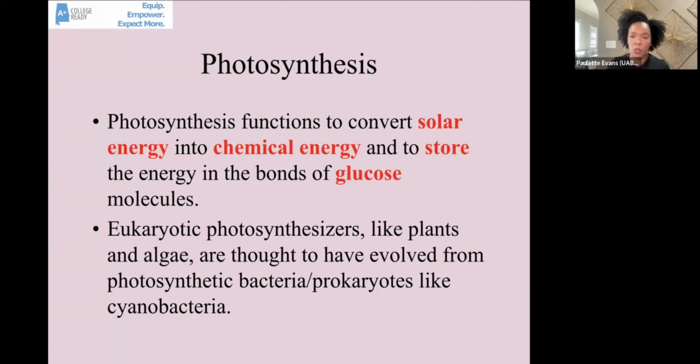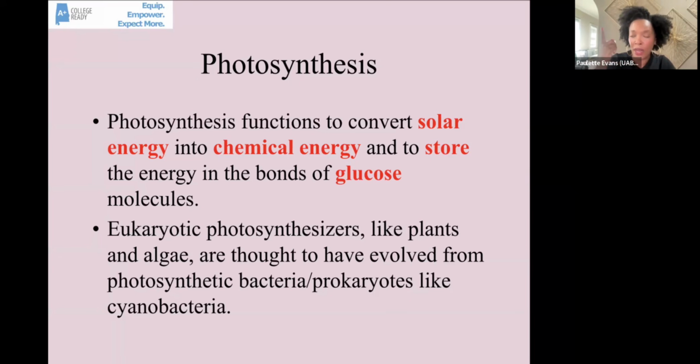Autotrophic organisms, or producers, can capture energy from the sun and transform it into organic molecules. Eukaryotes like plants and protists like photosynthetic algae, that's two groups. Then you have photosynthetic bacteria or prokaryotes like cyanobacteria.